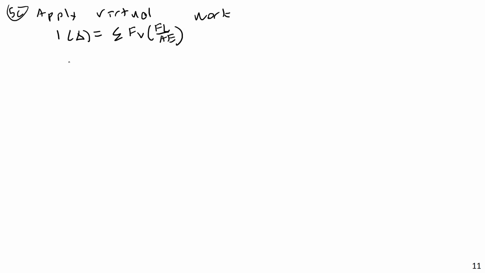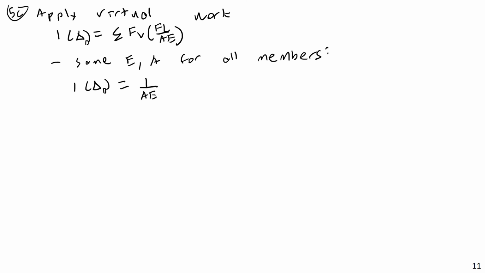However, because they all have the same area and modulus of elasticity, same E and A for all members, I can pull these out of the sum. So 1 times delta D, the change in position at joint D in the x direction, is equal to 1 over AE times the summation of FV FL.